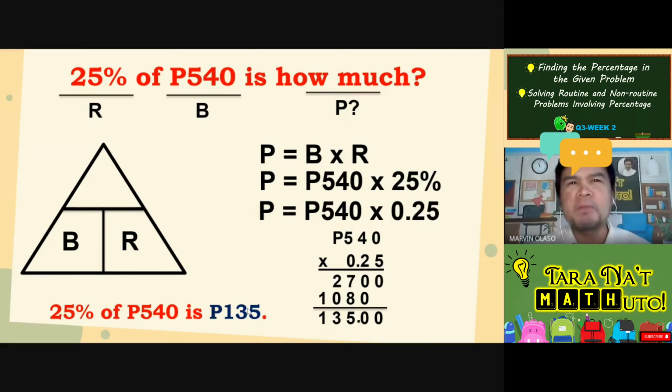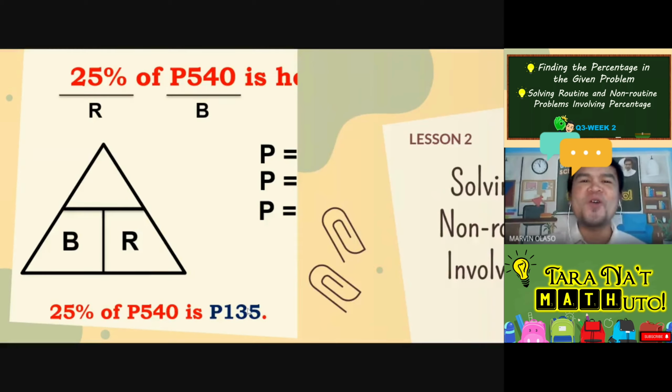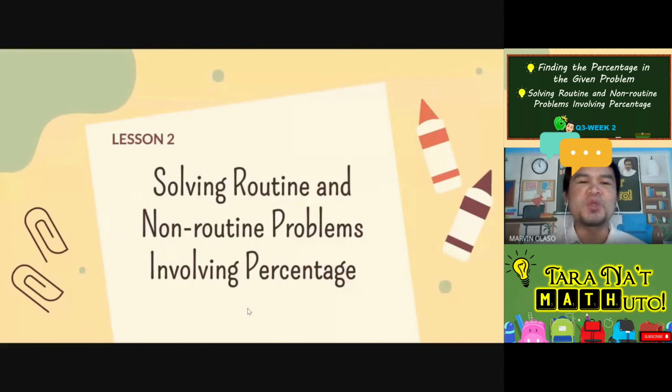Let's level up now our lesson by applying what you have learned by solving these two problems. So, let's go. Let's proceed to lesson number two, all about solving routine and non-routine problems involving percentage.